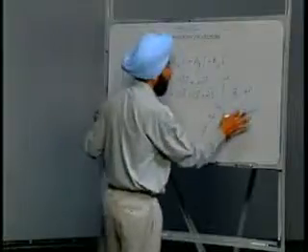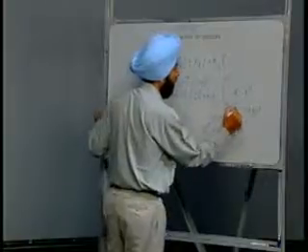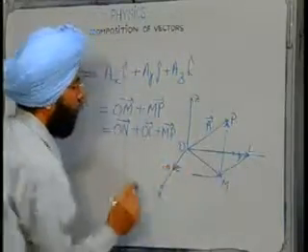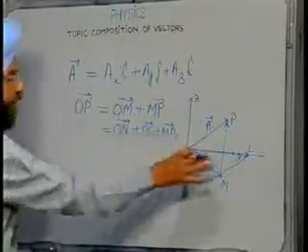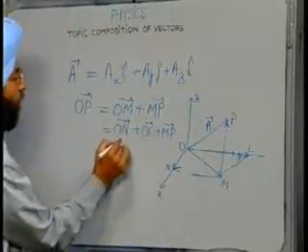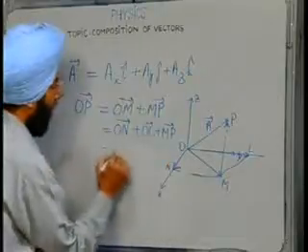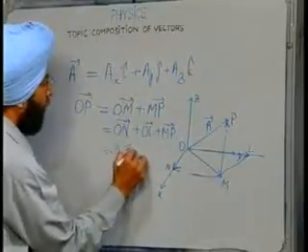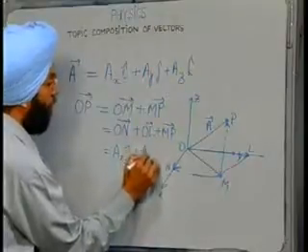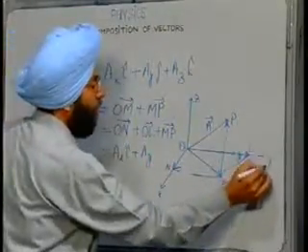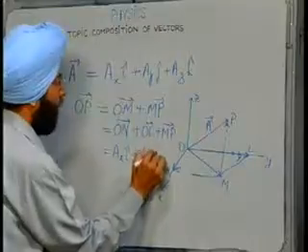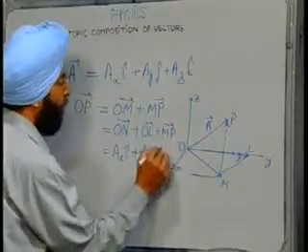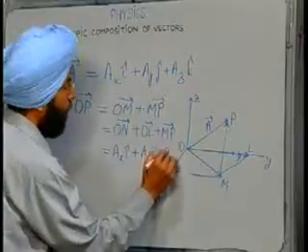We have used vector parallelogram law of vector addition. Now, ON is x component, OL is y component, and MP is z component.